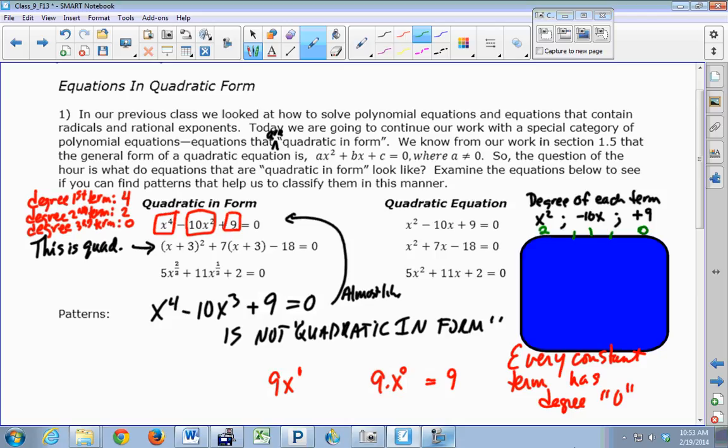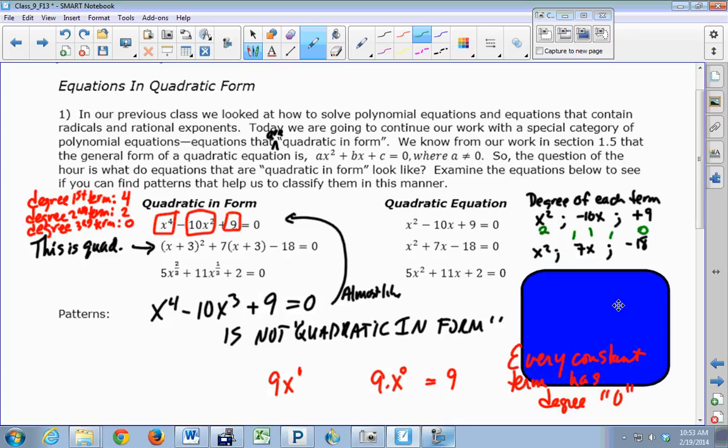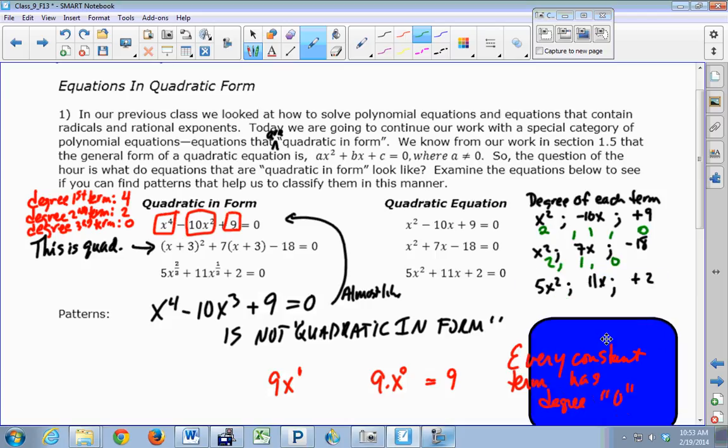Let's move this down again. What's the degree as we go across here? 2, 1, 0. Okay. So you can either say that the degree of my first term is double the degree of my middle term, right?